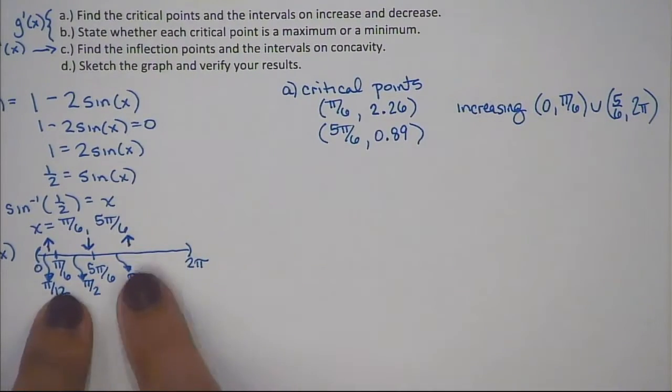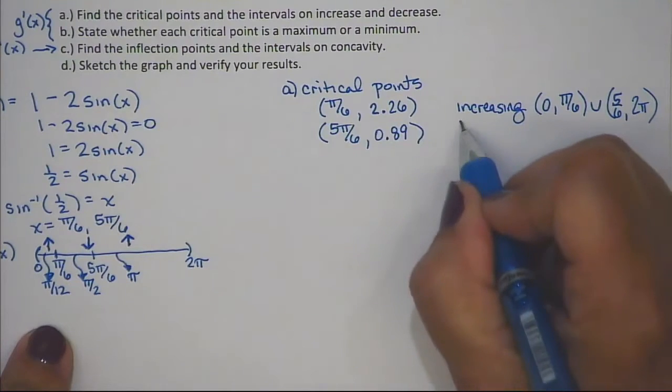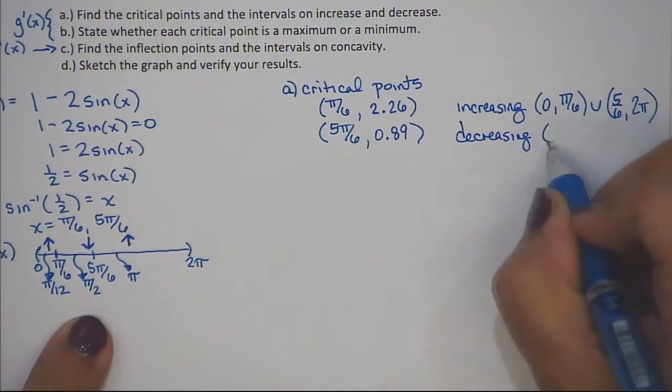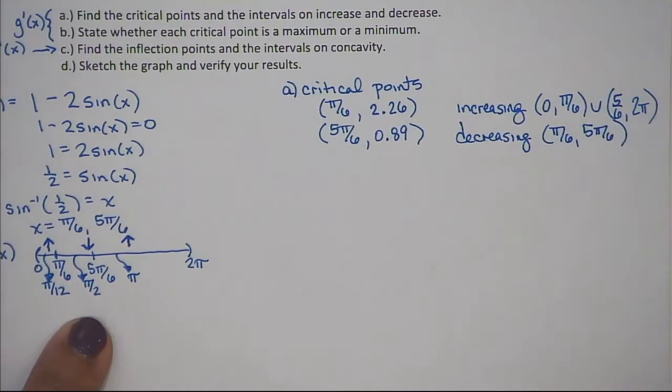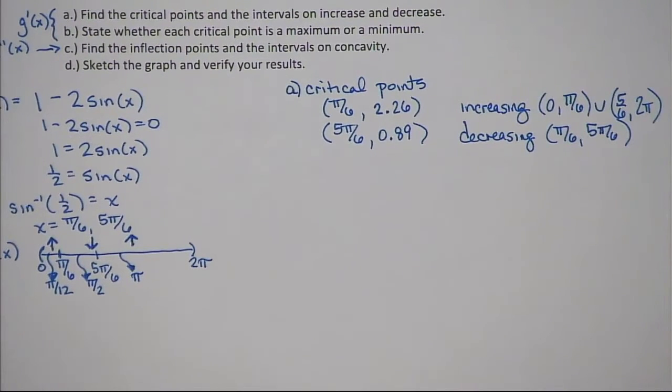So wherever you have up arrows, those are increasing parts of your graph. And then it's only decreasing in the middle between pi over 6 and 5 pi over 6. Okay? All right, so that's part A. All of part A has to deal with the first derivative.